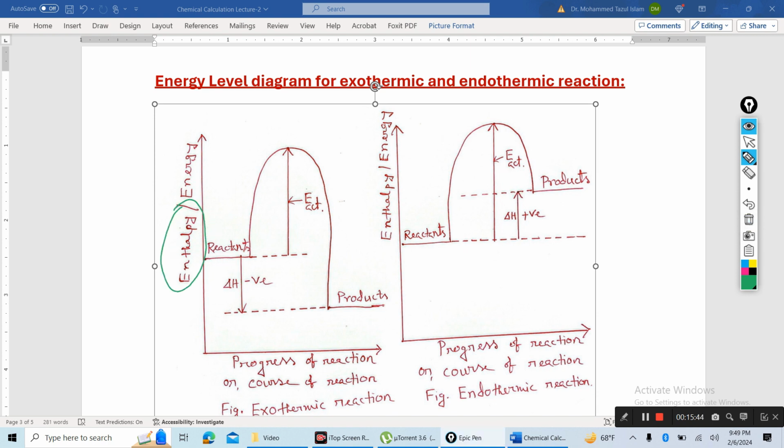Enthalpy on the y-axis. On the x-axis, progress of reaction or course of reaction, or you can write reaction path.